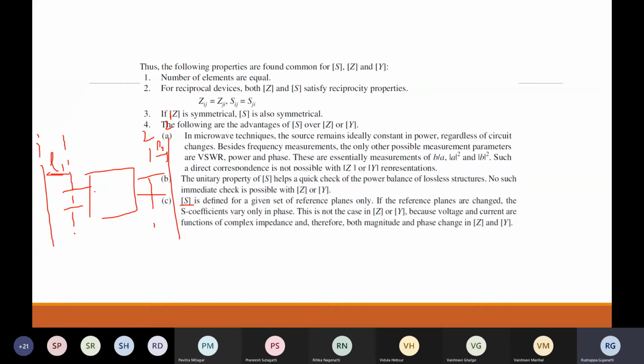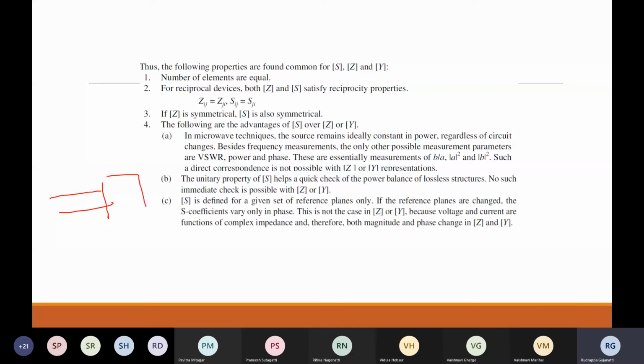Now, in S parameters, if you are measuring by altering the distance, only the phase changes. Only the phase changes, magnitude remains the same. So if I'm measuring S11, its magnitude remains the same, only the phase will be altering. Whereas if you do the same thing, that is, if you slightly change the measurement distances when you're measuring Z and Y parameters, both magnitude and phase are altered when you're shifting the points at which you are measuring the Z and Y parameters.